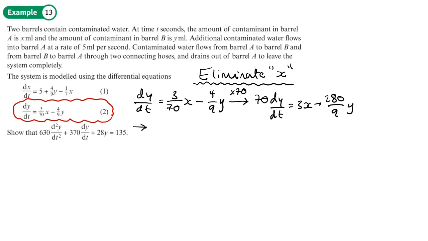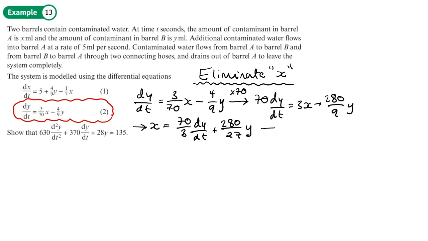So yeah, we can say that x equals, when we rearrange it, that means dividing both sides by 3 as well. So it will be 70/3 dy/dt plus 280/27 y.